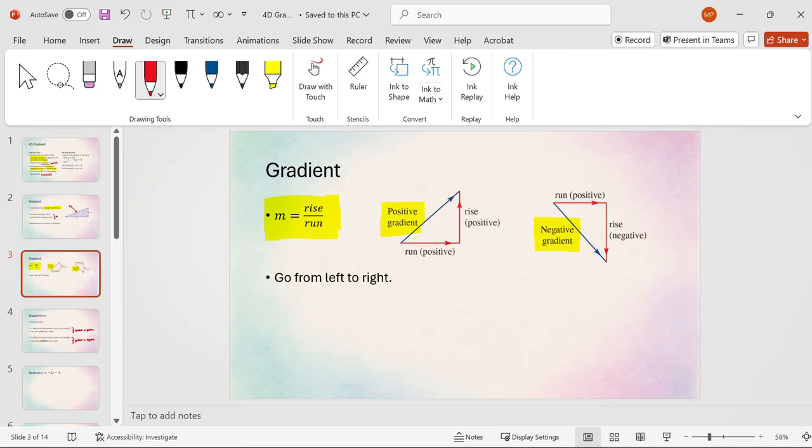The main difference is if you look from left to right here, I'll write it in a different position. If you look from left to right, as you can see, our line here is increasing.